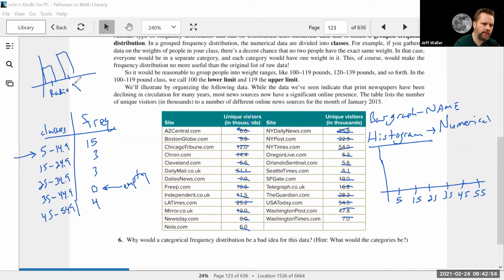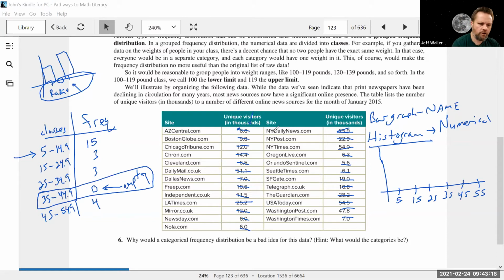They're name data. This gap doesn't mean anything. This isn't like a real scale if they're name data. Right. If it's numerical data, it's an actual scale. So I can't see any gaps between the bars unless there's an empty category. And we do have an empty category right here, don't we?